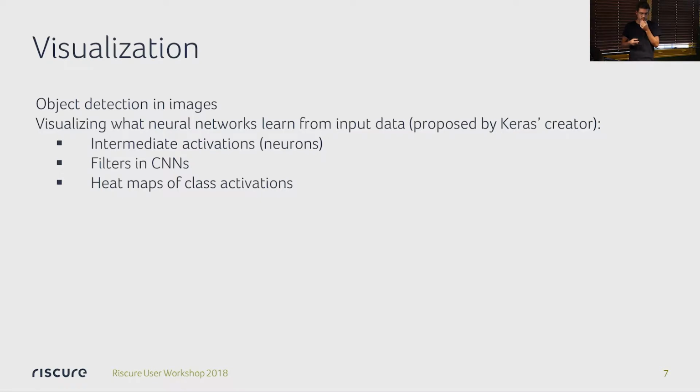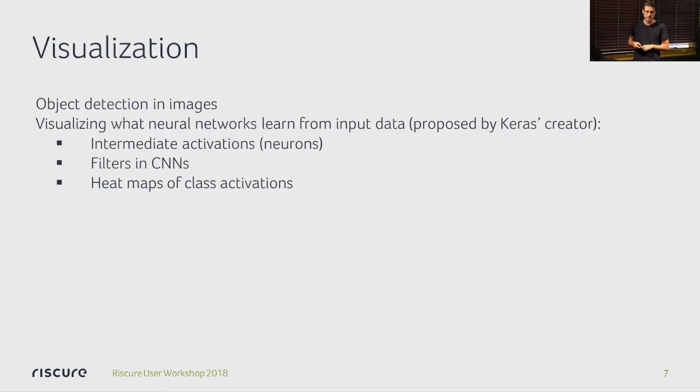This technique to understand what exactly a neural network sees from data is called visualization in the community. It is used, for instance, for object detection in images. When you put your picture on Facebook and it knows that your face is here or there, this is what visualization is doing for you. It's just mapping the input data to the decision and showing where the information is located.